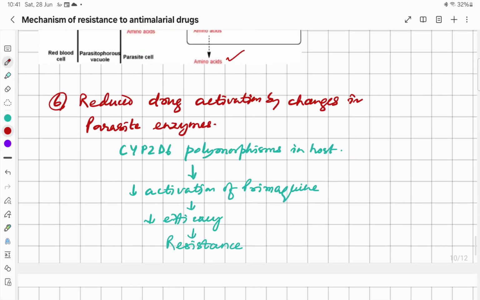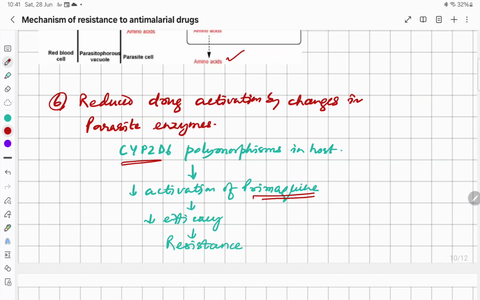Then finally, the sixth mechanism is reduced drug activation by changes in enzymes. Sometimes there can be polymorphisms in the cytochrome P450 group of enzymes like CYP2D6 in the host, and that causes decreased activation of certain drugs like primaquine.